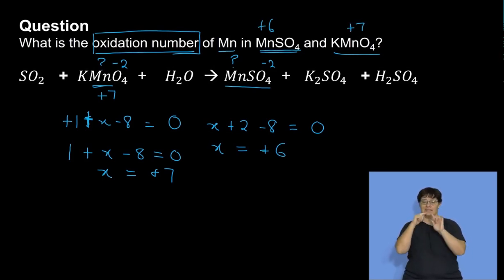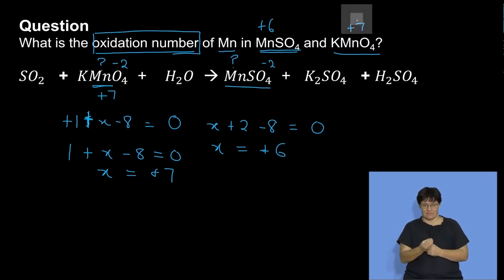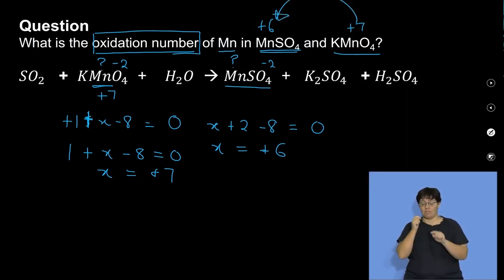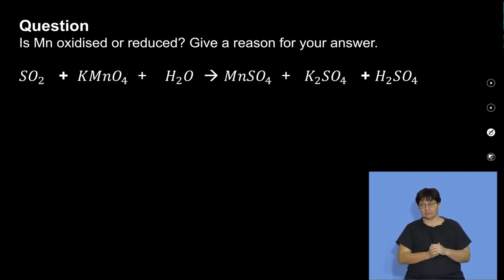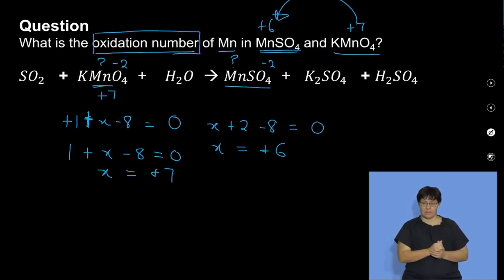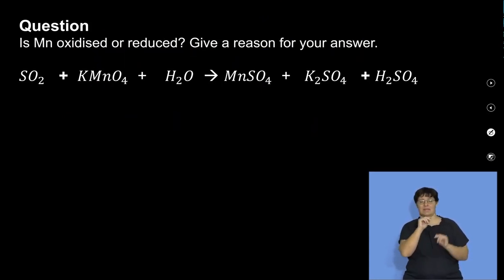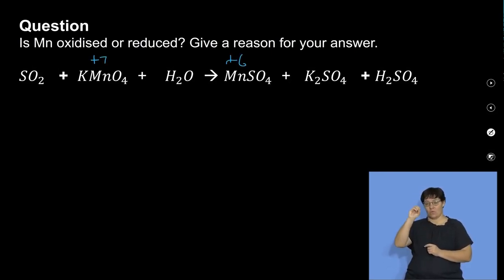So what has happened to manganese? It has gained electrons because it changed from +7 to +6 according to the equation of the reaction. Is manganese oxidized or reduced? In potassium permanganate, manganese is +7, but in manganese sulfate it is +6.